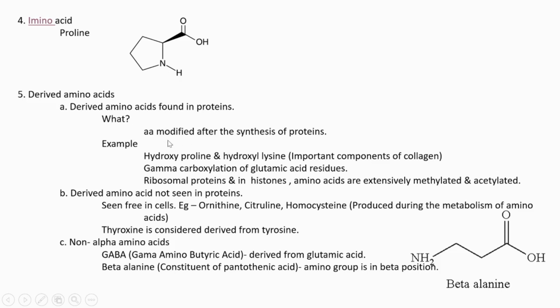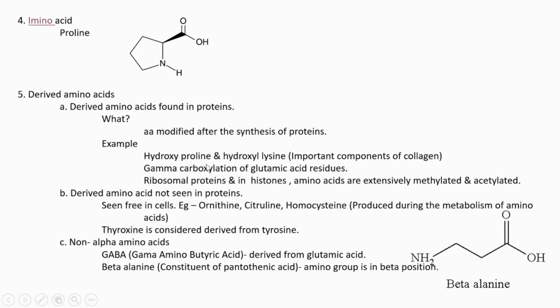That itself is mentioned here. These are those amino acids that get modified after synthesizing the protein. After synthesizing that protein fully, then only that specific amino acids get modified, and then it is called derived.